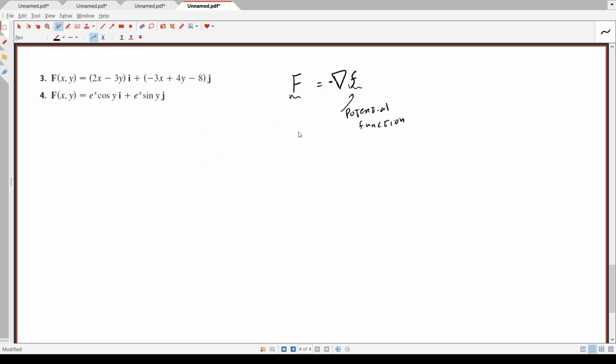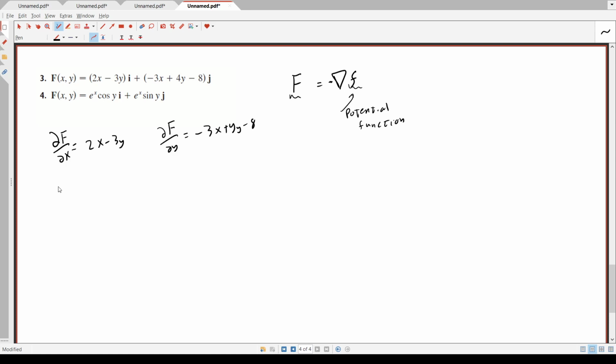So the way I do this is assume that F is the gradient of something. That would mean that df/dx is equal to 2x minus 3y, and df/dy is equal to minus 3x plus 4y minus 8. Then I need to check if the mixed derivatives are the same.